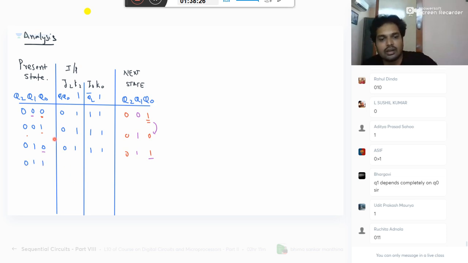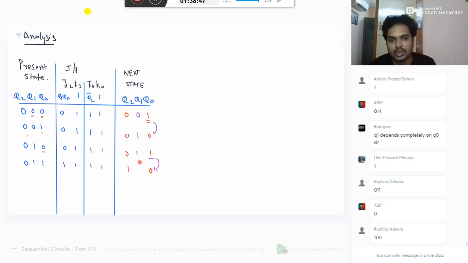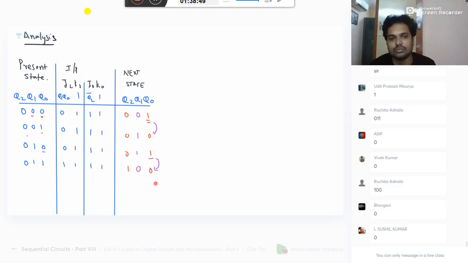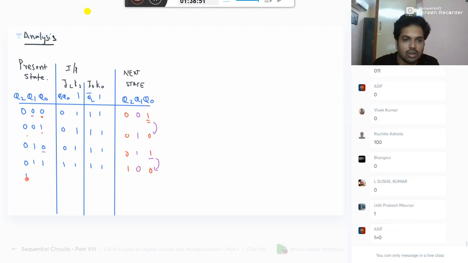Now carefully observe. What is Q1 into Q0? 1, 1. Q2 bar is 1, 1. So what does it mean? 1, 1 means it will toggle. And here you observe it changes from where to where? 1 to 0. So it will become the previous bar. Lastly, 1, 0, 0.